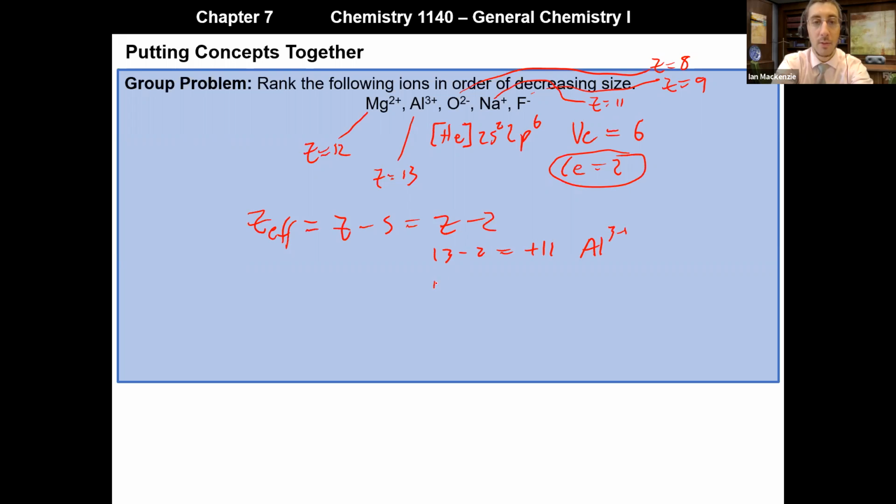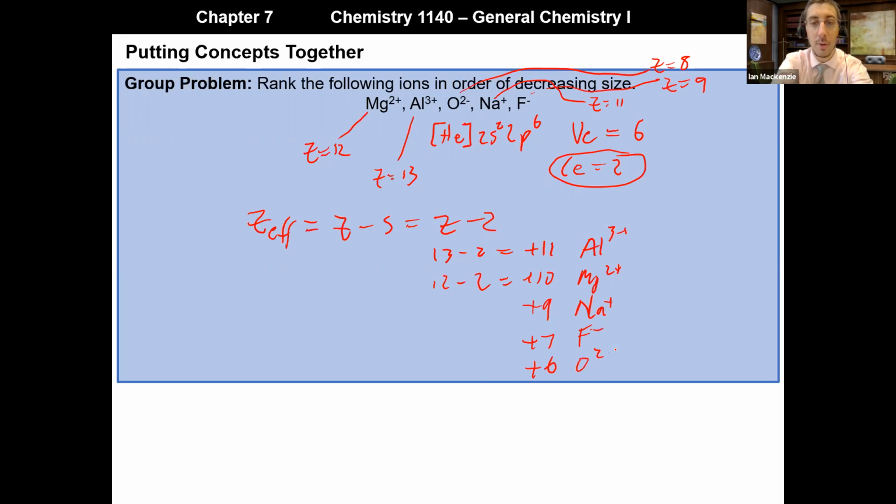Magnesium, on the other hand, 12 minus 2 is going to feel plus 10. For magnesium 2+. And then so on and so forth. For sodium, 11 minus 2 is plus 9. For fluorine, 9 minus 2 is 7. And then for oxygen, 8 minus 2 is 6.